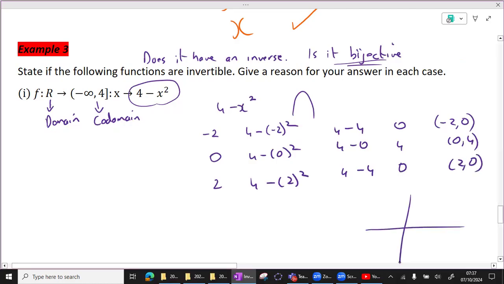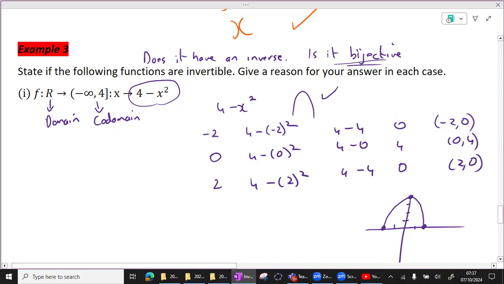So if I was to plot that, (-2, 0), (0, 4), and (2, 0), that's what kind of shape we would get, which is what we predicted up there.